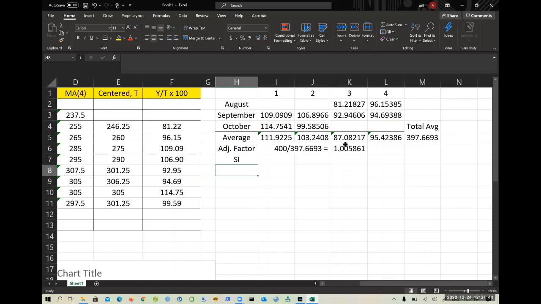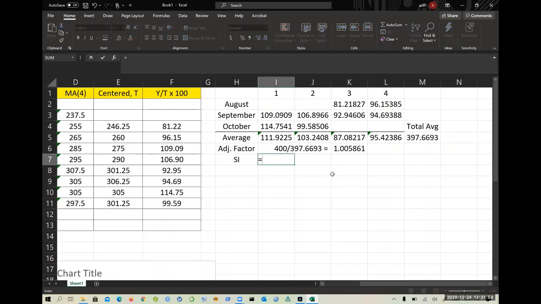Because this is the multiplication model, right? So bila gunakan multiplication model, you just multiply. So multiply the average 111.9225 with 1.005861. Okay. So kat sini saya nak fixkan dia sebab saya nak drag sekejap lagi.